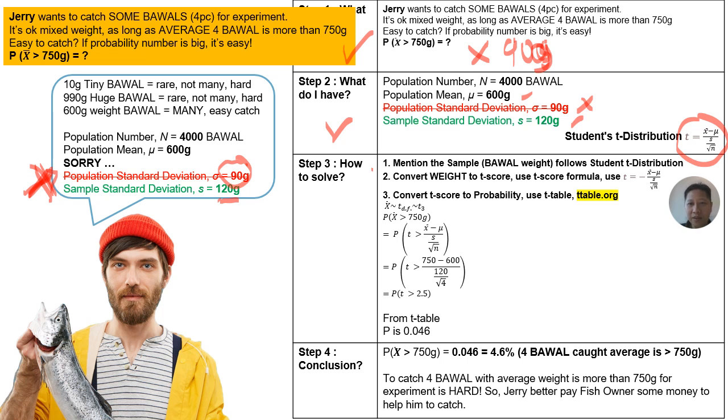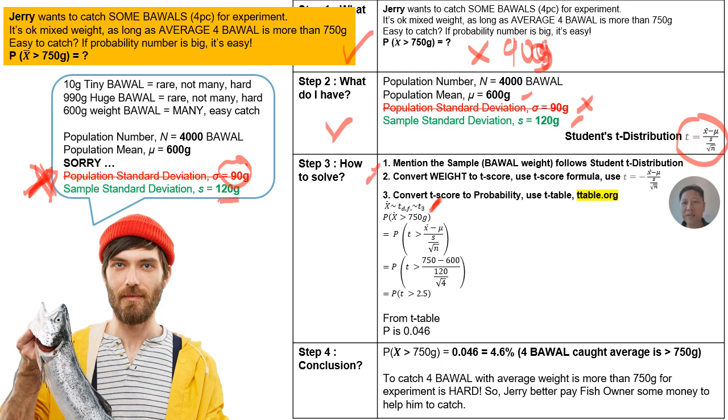This problem can be modeled under the student t-distribution. So we'll say that our average weight of the fish falls under the student t-distribution, and our degree of freedom is 4 fishes minus 1 equals 3.